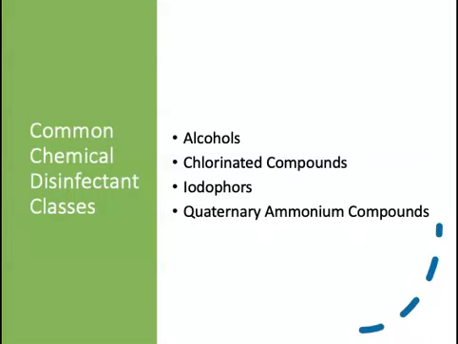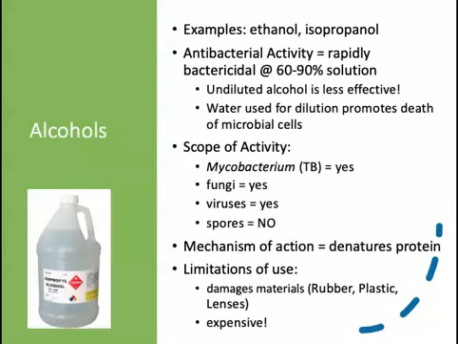These 4 classes are the alcohols, the chlorinated compounds, the iodophores, and the quaternary ammonium compounds. We're going to talk about each family of chemicals separately. We're going to begin with the alcohols.